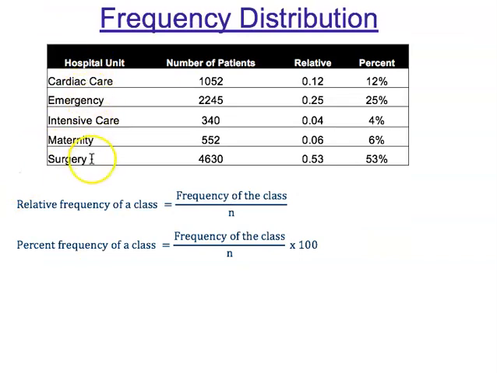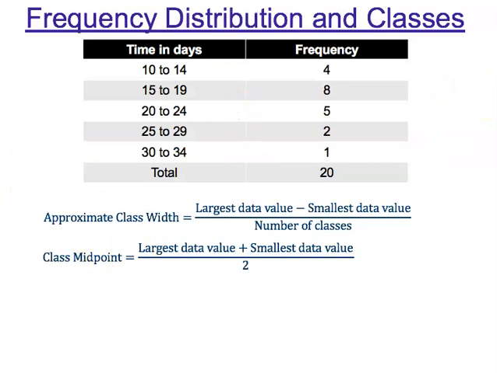We had the hospital units and then the number of patients in each unit that allowed us to determine the frequency distribution. Here we have time in days instead of hospital departments, but we still have the frequency, and we can use this data to determine the distribution.